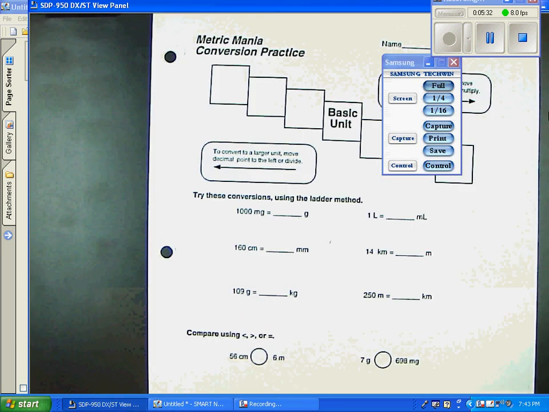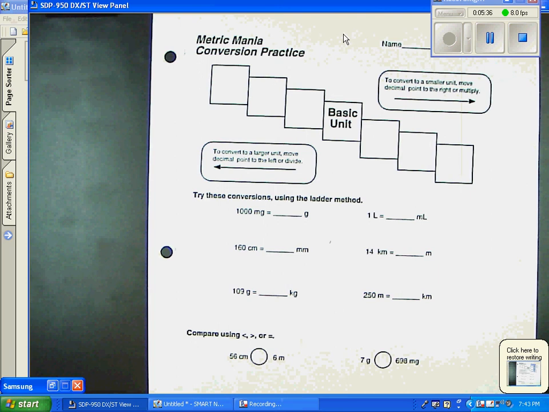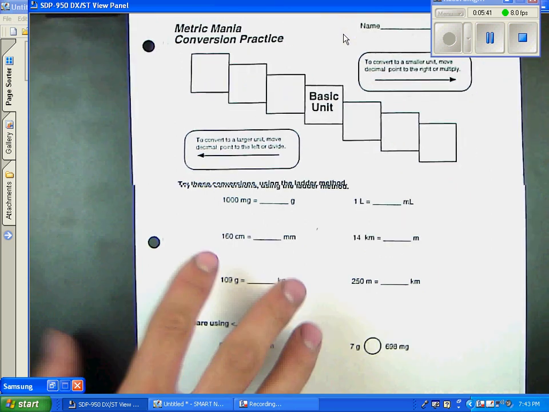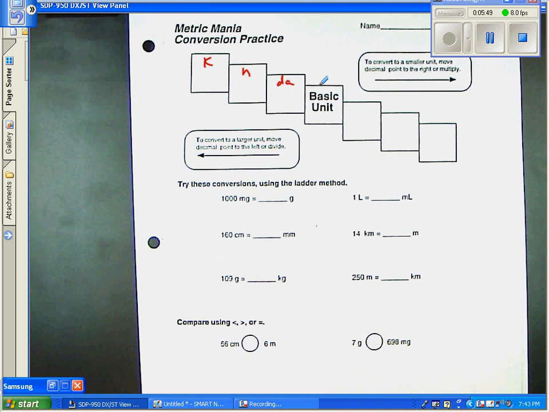Now, let's take a look back here at our worksheet. On this worksheet, at the top here, you can include your chart. We've got King Henry Died, our base units here of the meter, liter, and gram.